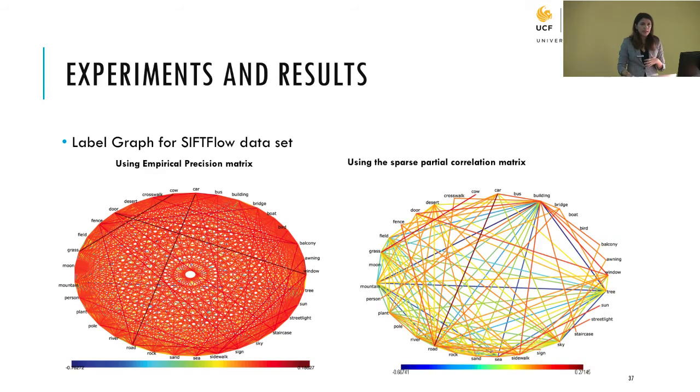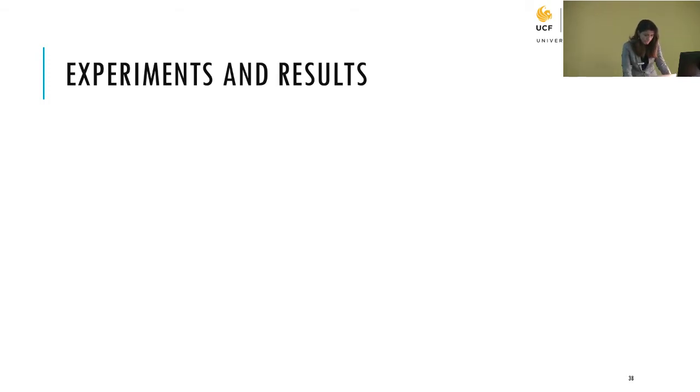So on the right, this is the label graph that we found using the graphical lasso, and it's meaningful and has just the significant interactions. For example, here you can see car and road have high correlation, or street light and crosswalk.